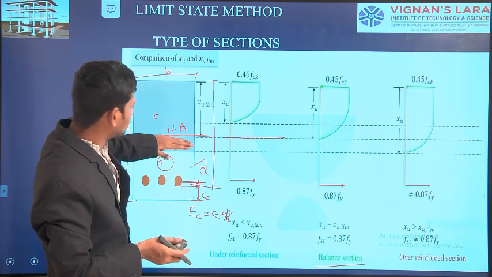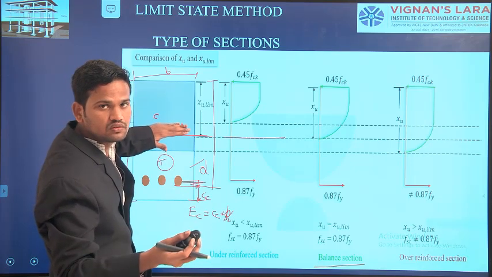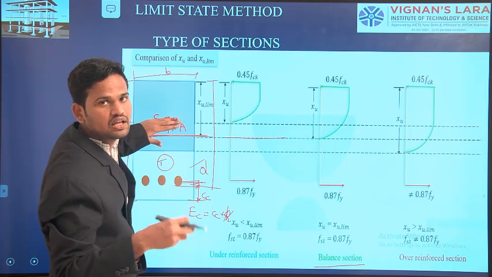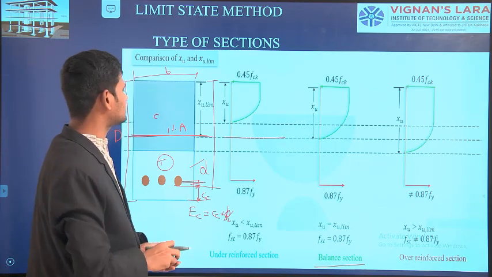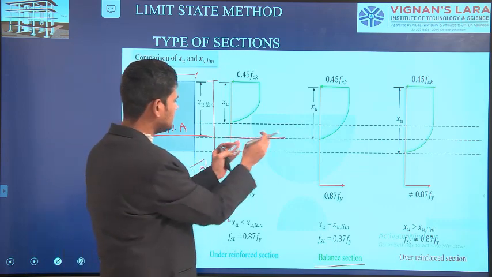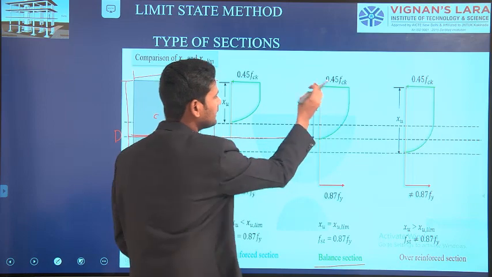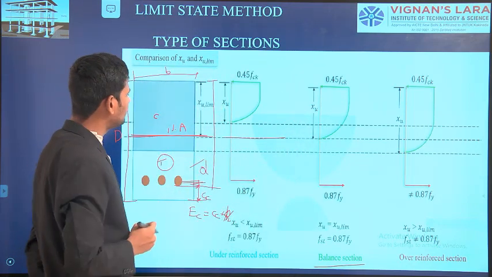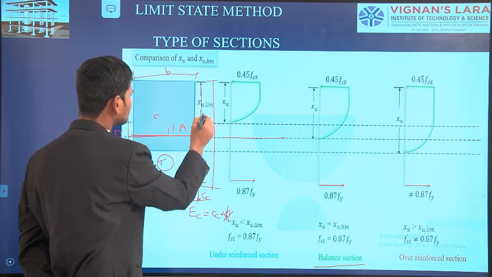Here they also represented the concrete. This concrete applies to the over reinforced section as well as the under reinforced section. First, this section is called the neutral axis that divides the compression face and the tension face.